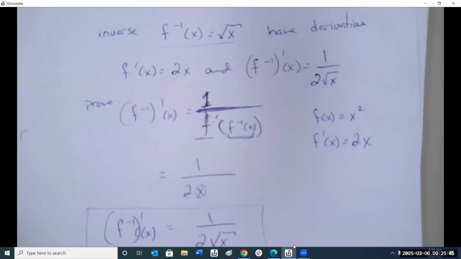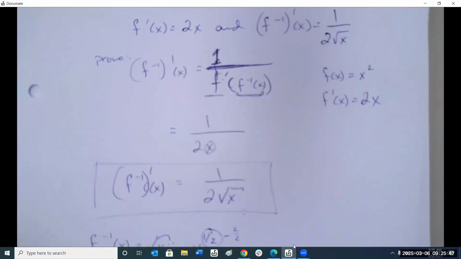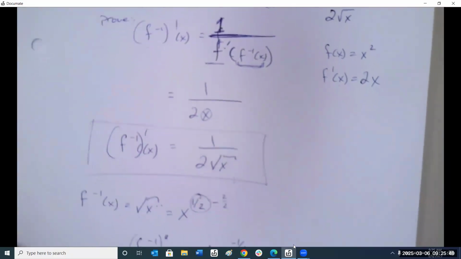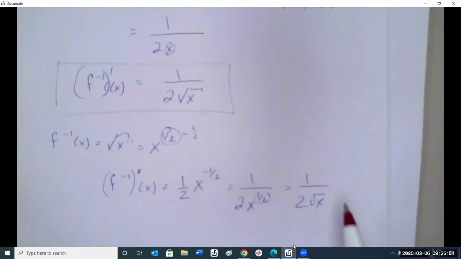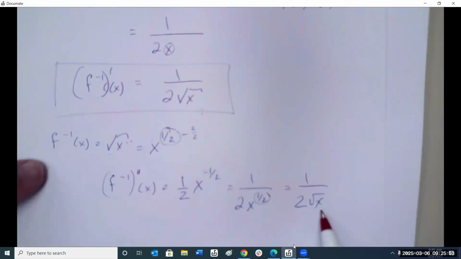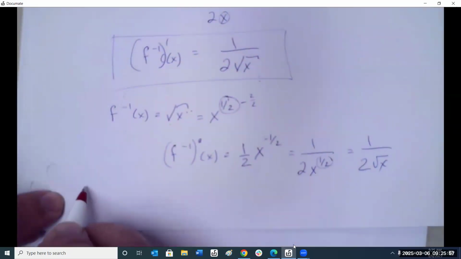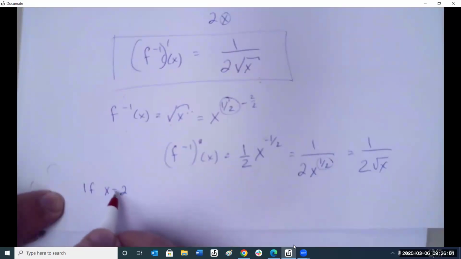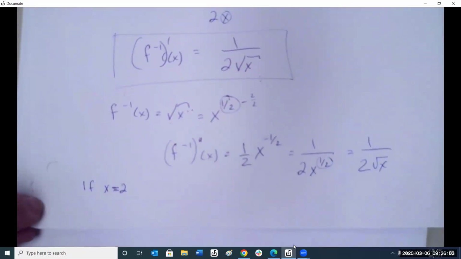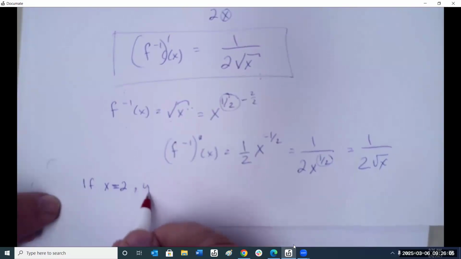Okay, so we have our derivative here is 1 over 2 radical x, but that's of the inverse function. If we said x equals 2, what is y?